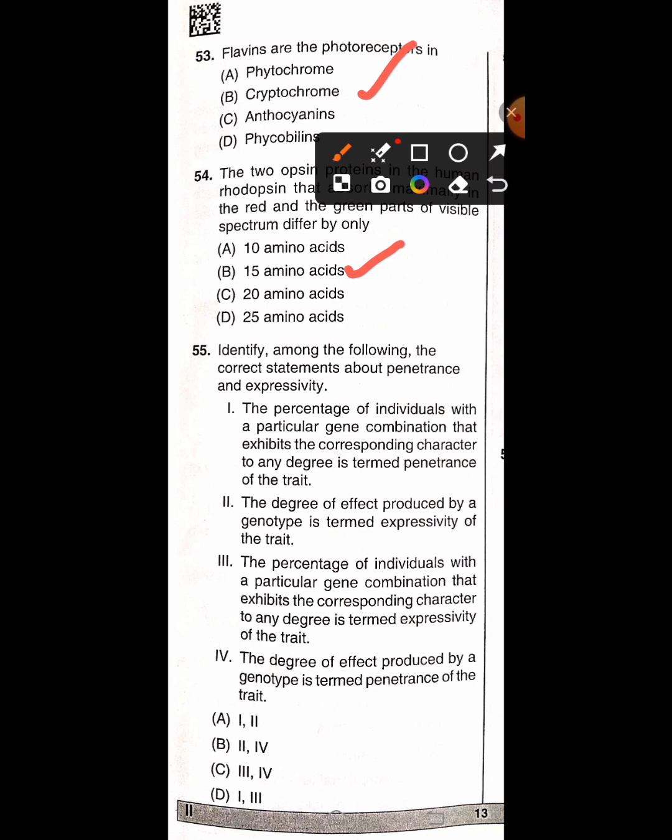The percentage of individuals with a particular gene combination that exhibits the corresponding character to any degree is termed expressivity of the trait. The degree of effect produced by a genotype is termed penetrance of the trait. Among these you have to pick the correct statements. Let's see the correct answer. Options 1 and 2 are correct regarding penetrance and expressivity. Let's see the next question.